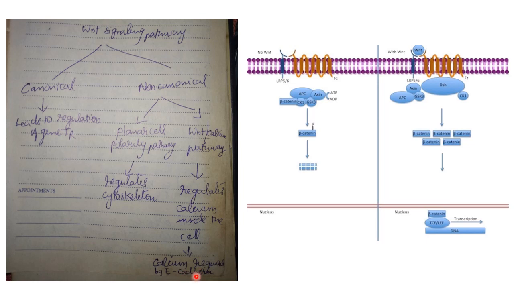Now the canonical WNT pathway causes accumulation of beta-catenin in the cytoplasm, that is over here in this diagram. It causes accumulation of beta-catenin in the cytoplasm and its eventual translocation to the nucleus to act as transcriptional co-activator of the transcription factor, that is TCF, resulting in the transcription of DNA, which finally results in cellular proliferation.